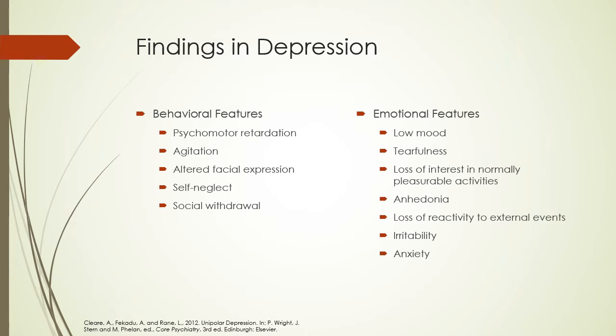There is self-neglect, and if you read further, this is because of a decrease in the function of a particular region of the cortex. And there is social withdrawal. They will try not to interact or mingle with their peers or their loved ones.